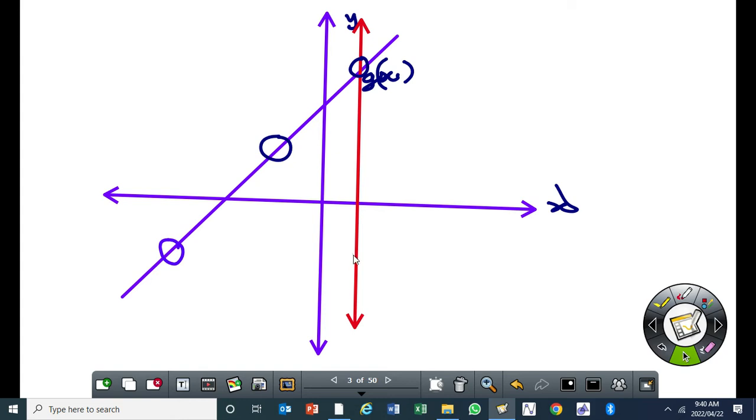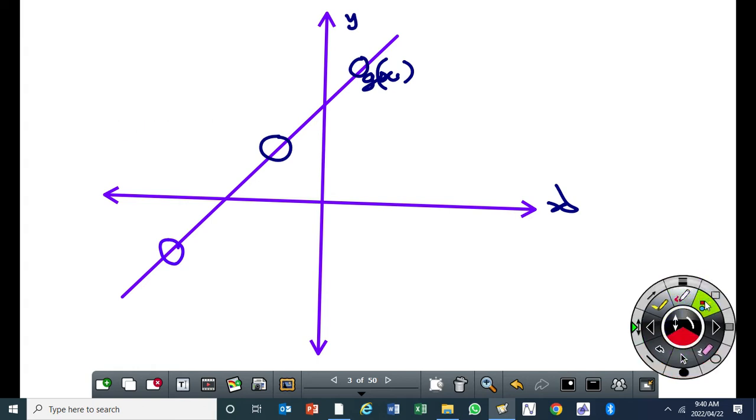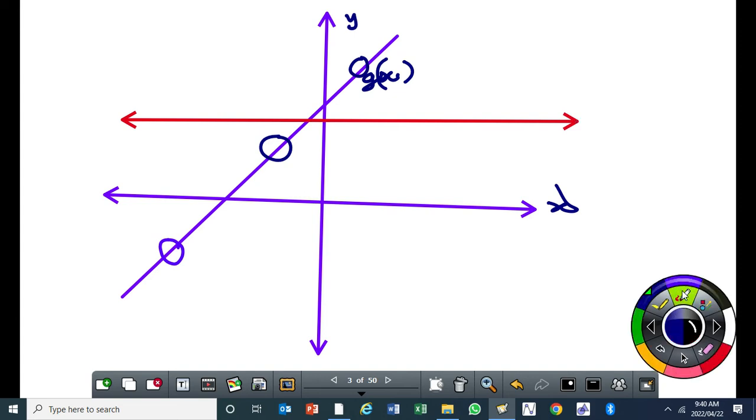Now let's prove that it's a one-to-one function. To prove that, I have to draw a horizontal line. I'm sure you can see that the horizontal line and the graph intersect at one point there.